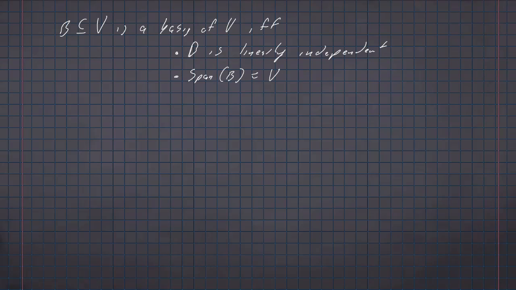In order to show that a set is a basis, we had to establish that it is linearly independent and that it spans the vector space.